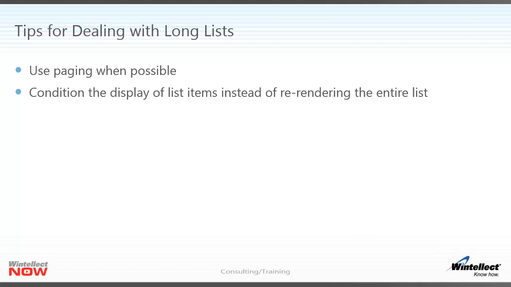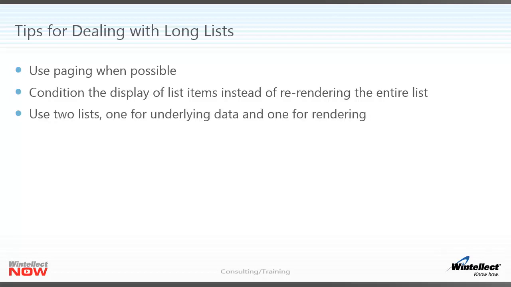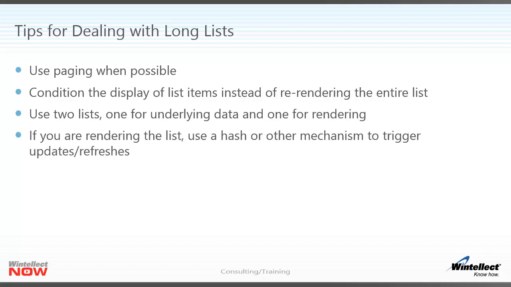So in that case, there's several approaches you can take. If you have an extremely long list, you can condition the display of the list items instead of re-rendering the entire list. And then one of my favorite approaches is actually to use two lists. One of those lists holds the underlying data, and the other one is just a list for rendering, so the current page. And if you're rendering the list, instead of watching the entire collection using the $watchCollection function, use a hash or another mechanism.